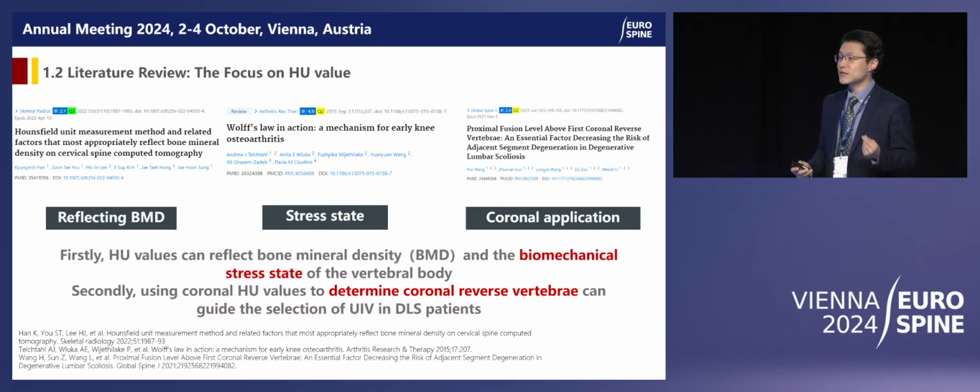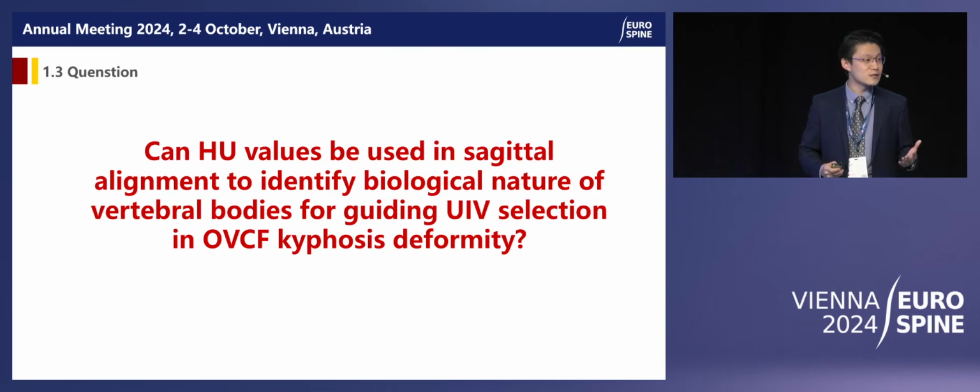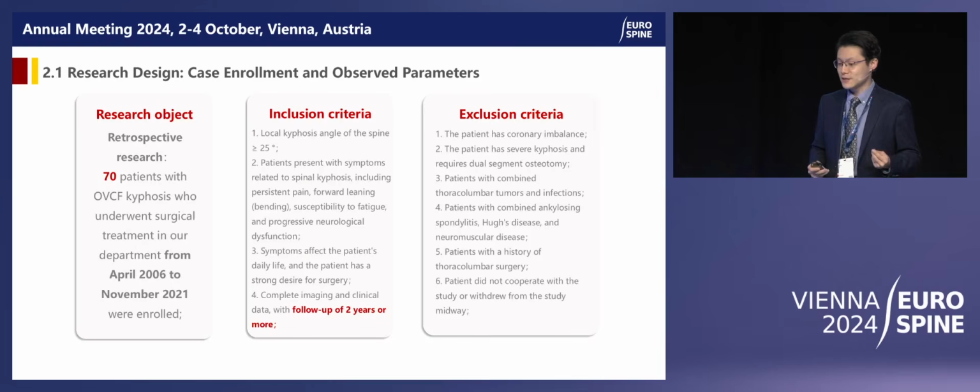And secondly, using the coronal HU values to determine the coronal reverse vertebrae can guide the selection of UIV in DLS patients. So our question is, can HU value be used in sagittal alignment to identify the biological nature of the vertebral bodies for guiding the UIV selection in OVCF patients?